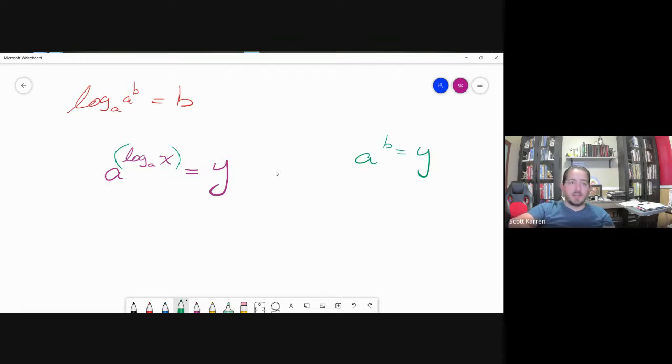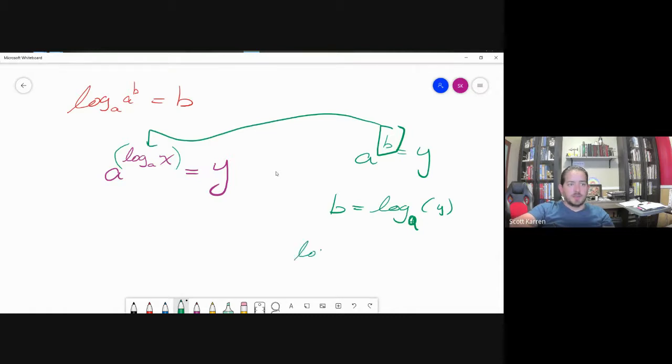To write this as a log, I get b, the exponent, is equal to the log base a, the base of the exponent, of y. But b, I just substituted as the log base a of x. And so if I resubstitute the log base a of x, that's equal to the log base a of y.